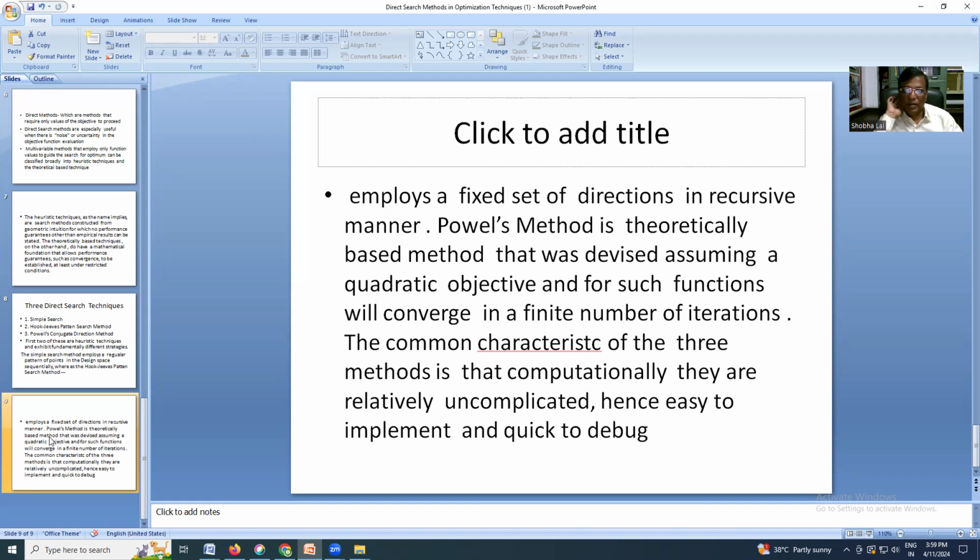I'm giving you an example. At your home, there is a bicycle, there is a motorbike, and there is a car. It is not a random process that anytime you can use either of the vehicles.